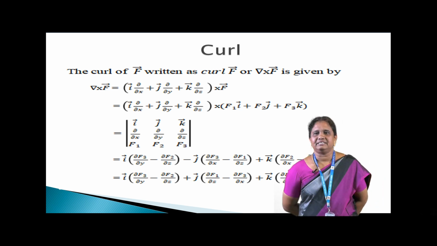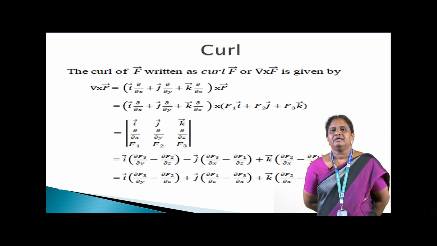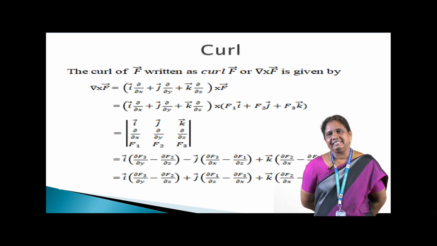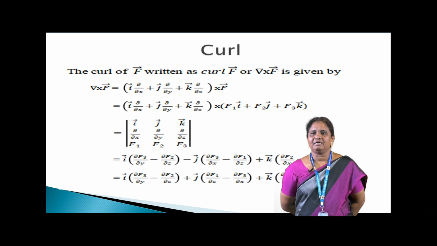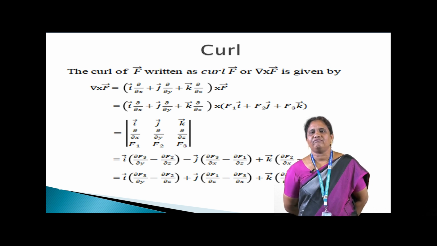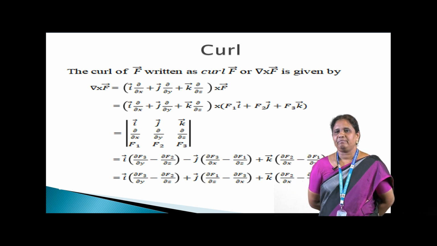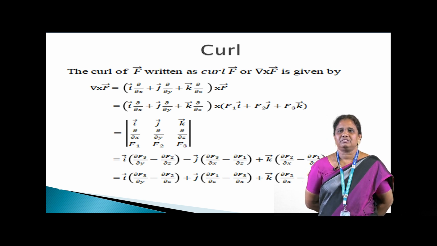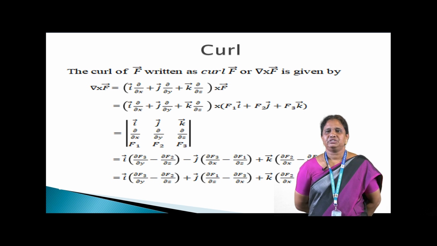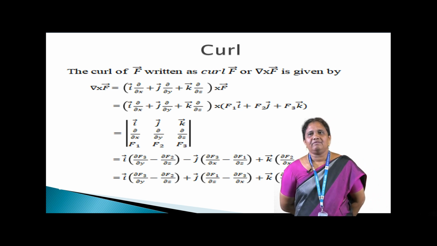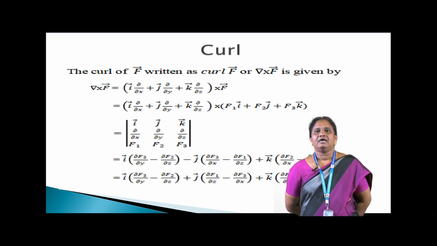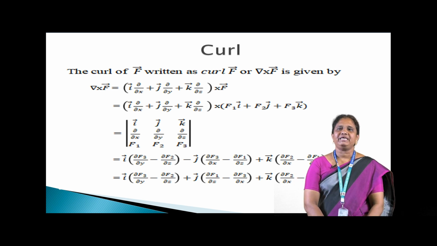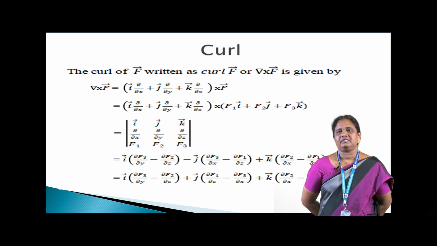In the second term, that is the coefficient of j vector, the minus is multiplied inside, and the term becomes plus j vector into dou f1 by dou z minus dou f3 by dou x. It will be very helpful in calculating the cross values in many problems, so we have changed that. So, curl means del cross f vector, and divergence of f means del dot f vector.